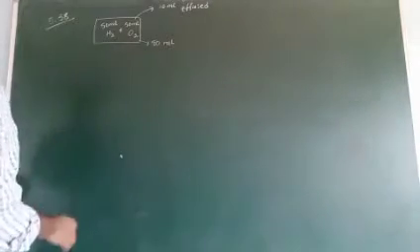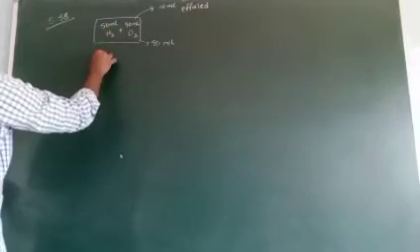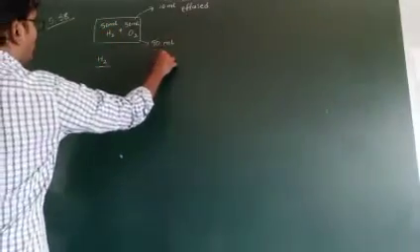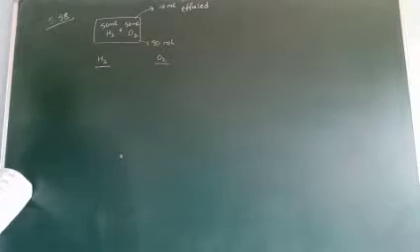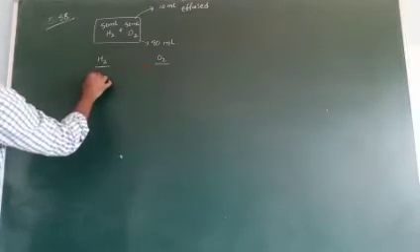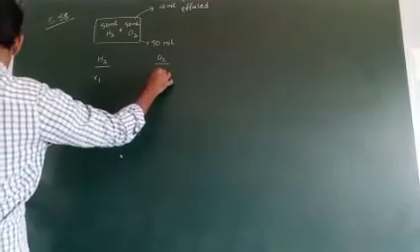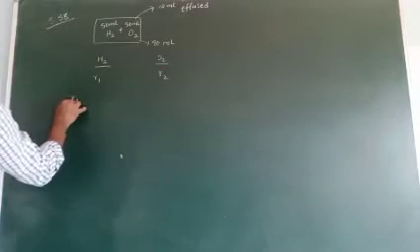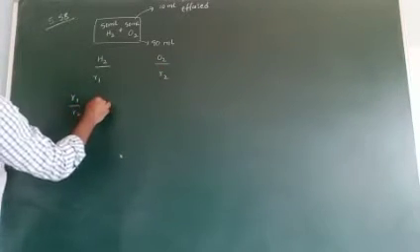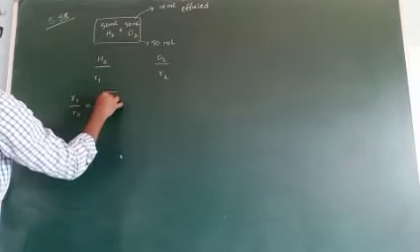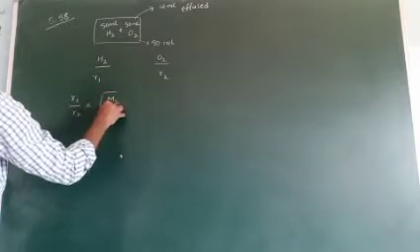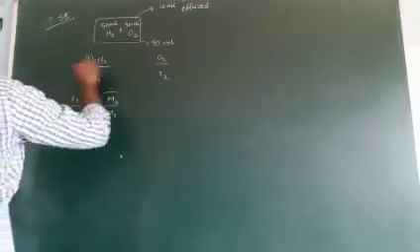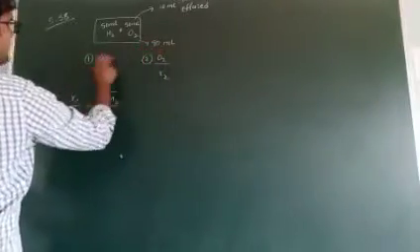First gas is H2, another gas is O2. First calculate the rates. Hydrogen rate is R1, oxygen rate is R2. Then R1 by R2 is equal to, what is the formula? Root over M2 by M1. This is taken as 1, this is taken as 2: first gas, second gas.